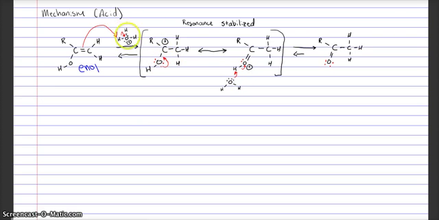We have water because we just deprotonated acid. Water can come and pull off this proton, and then we get our ketone. The enol and the ketone are in equilibrium with each other, but the side is going to favor the production of our ketone.